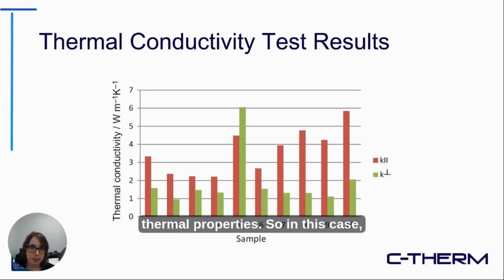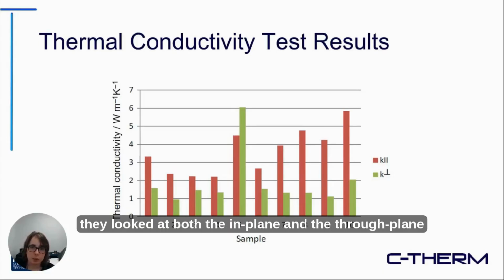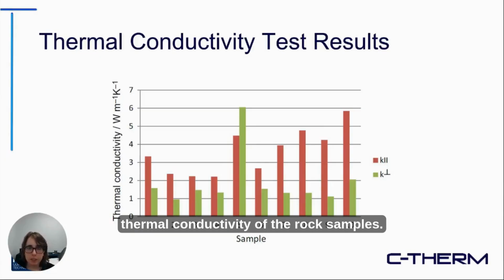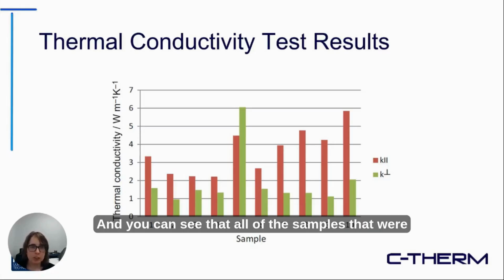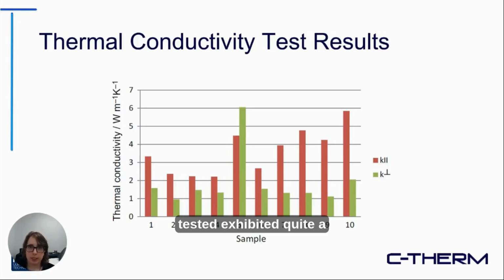So in this case, they looked at both the in-plane and the through-plane thermal conductivity of the rock samples. And you can see that all of the samples that were tested exhibited quite a substantial degree of anisotropy, and the MTPS method is able to very easily pick that up through a simple test on the rocks.